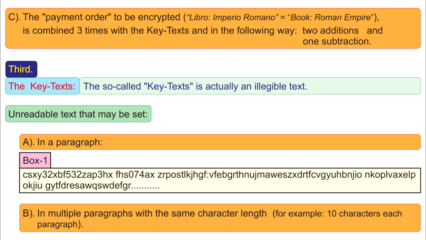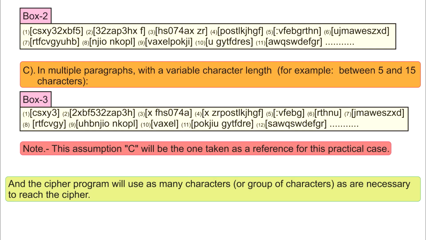Third, the key texts. The so-called key texts is actually an illegible, unreadable text that may be set A, in a paragraph, see box 1; B, in multiple paragraphs with the same character length, for example, 10 characters each paragraph, see box 2; C, in multiple paragraphs with a variable character length, for example, between 5 and 15 characters, see box 3.